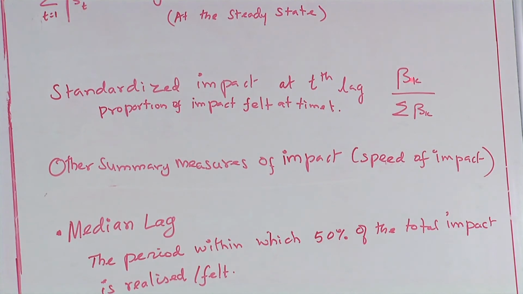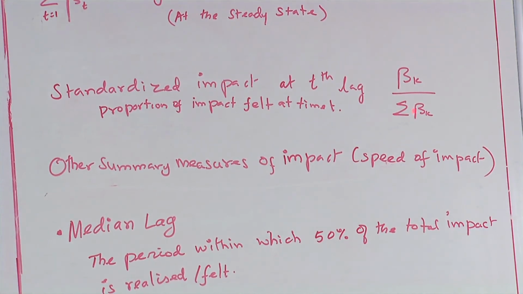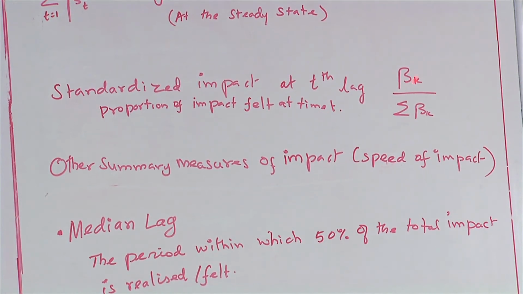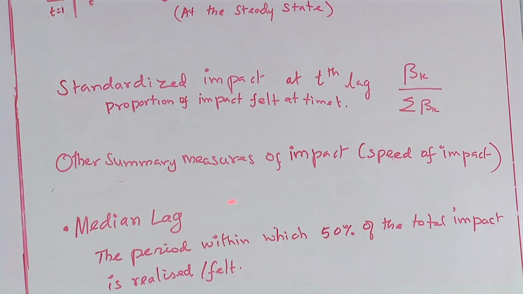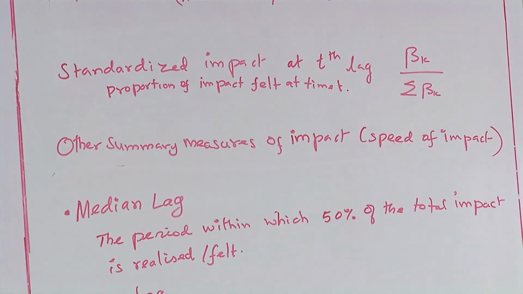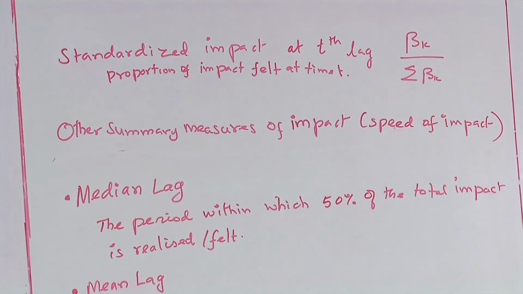So, beta k divided by the sum of beta k, that is the total impact, is the proportion of the impact felt at the kth time. Other impact measures are median lag and mean lag.